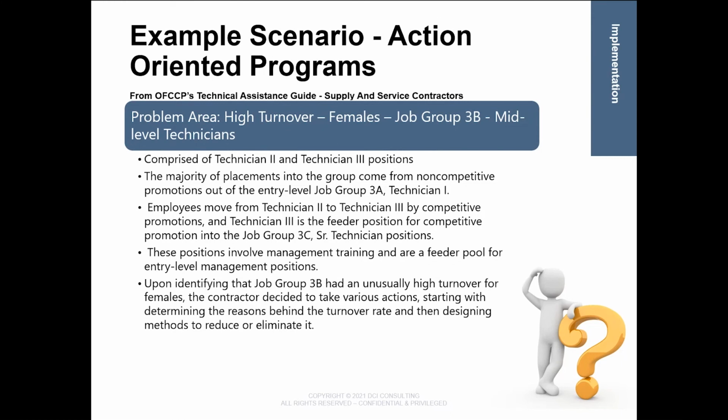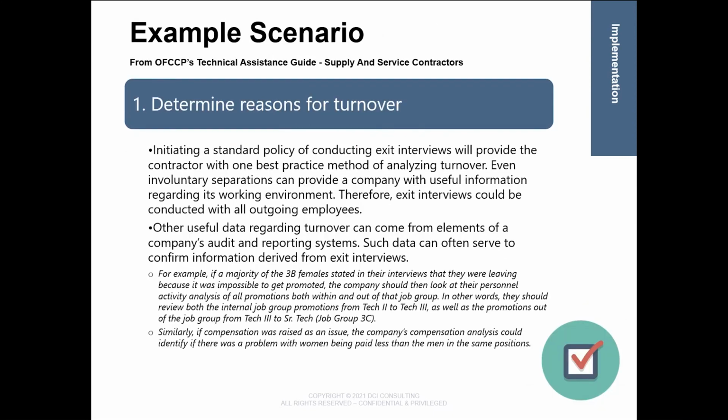Upon identifying that job group 3B had an unusually high turnover for females, the contractor decided to take various actions, starting with determining the reasons behind the turnover rate and then designing methods to reduce or eliminate it. The first step in this example is determining the reason for turnover.